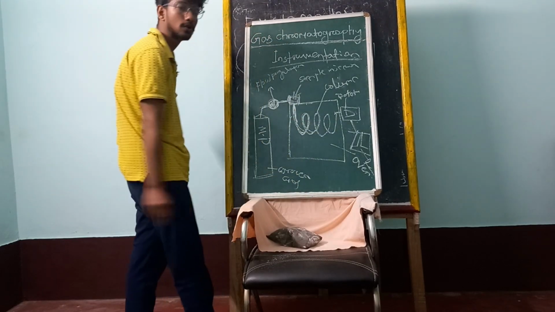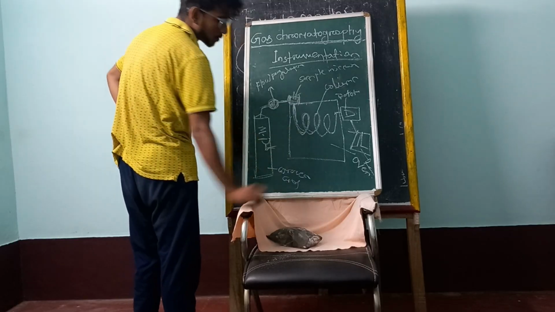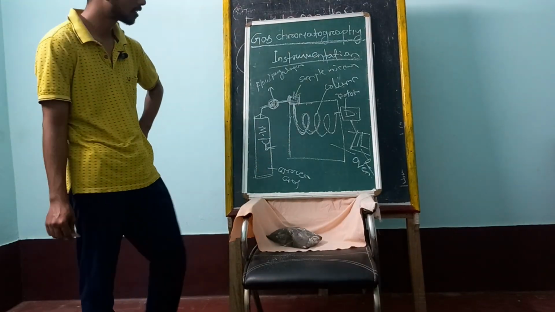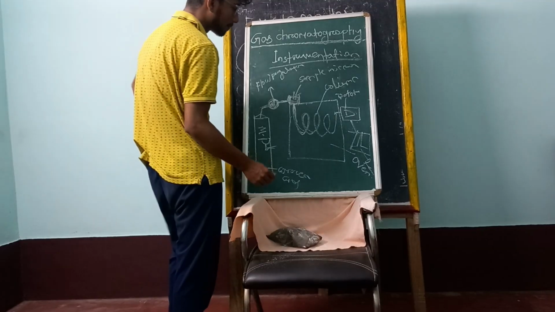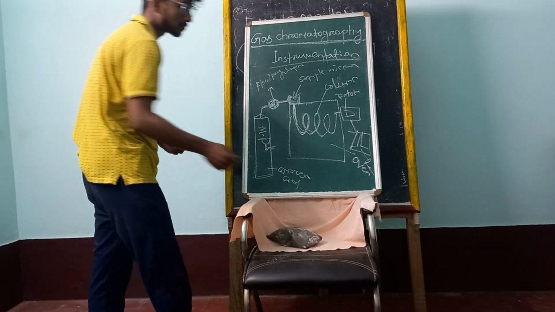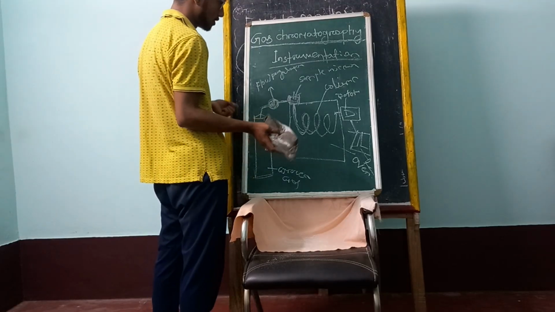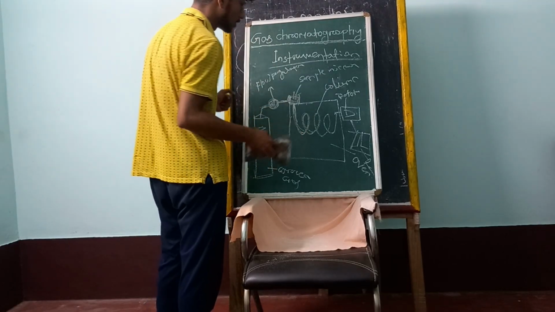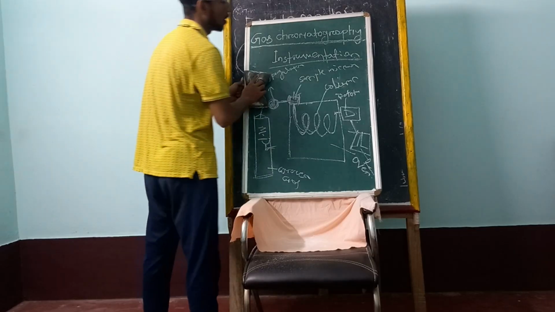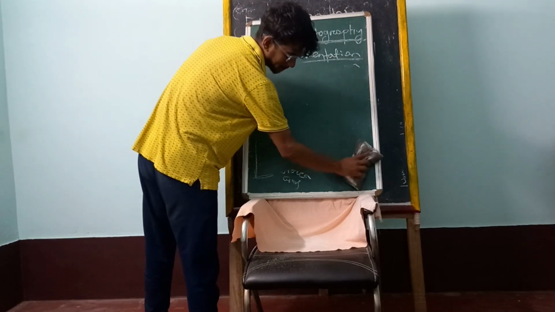But the samples which show affinity towards the mobile phase elute faster, and mostly highly volatile samples with lower affinity towards the stationary phase elute fast. Please take a screenshot.